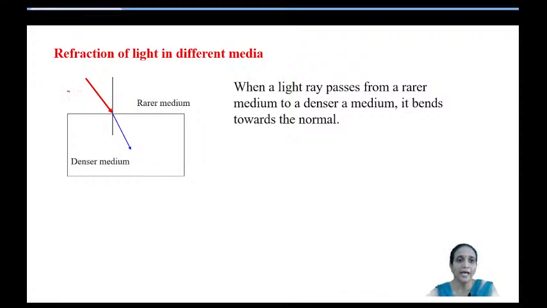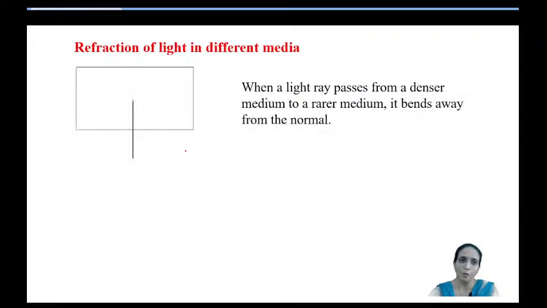Air is the rarer medium, and the glass slab is the denser medium. When light rays pass from the rarer medium to the denser medium, it bends towards the normal. Please remember this point.